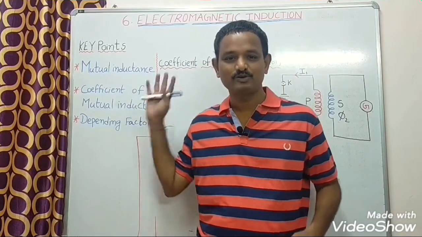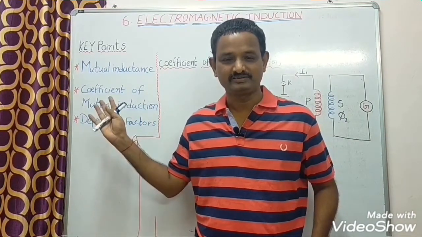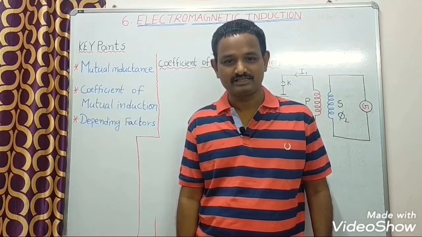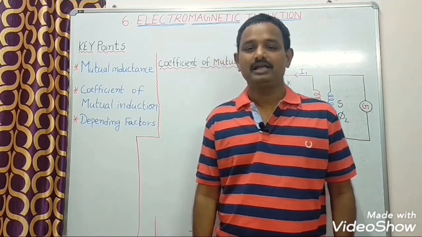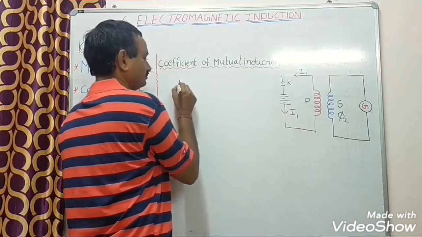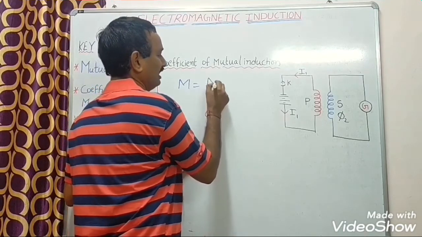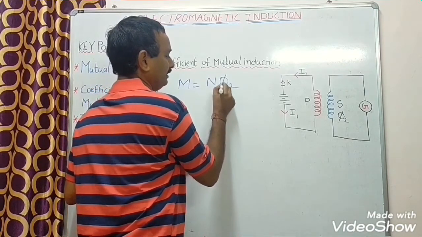Now we will discuss the coefficient of mutual induction. In mutual inductance, we got M equal to n into phi2 by I1.